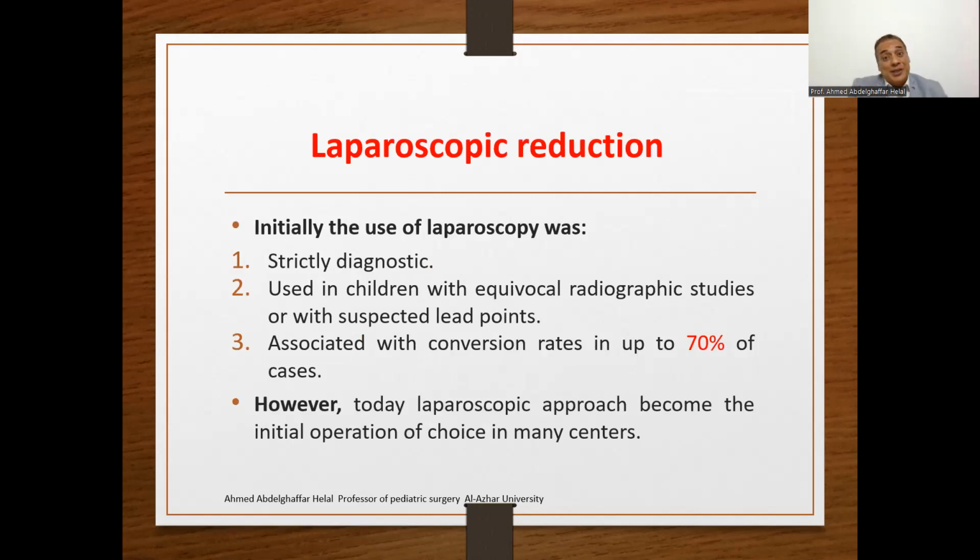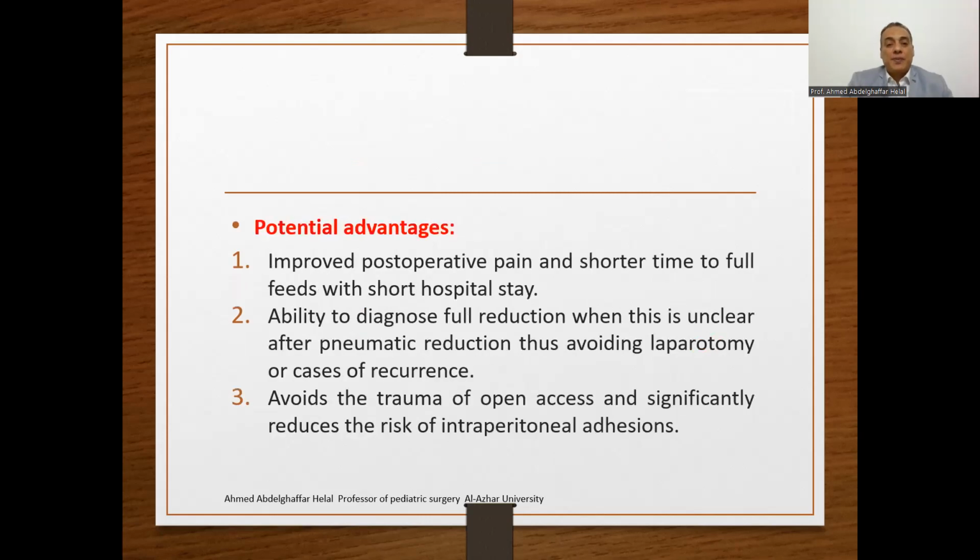Laparoscopic reduction. Initially the use of laparoscopy was only diagnostic, used in children with equivocal radiological studies, associated with a high conversion rate reaching about 70%. However, today laparoscopic approaches have become the initial operation of choice in many centers.